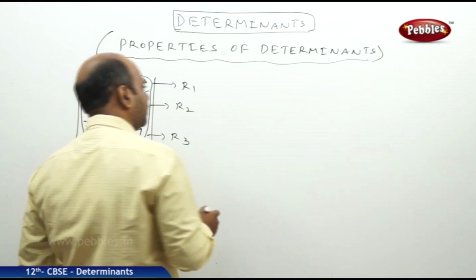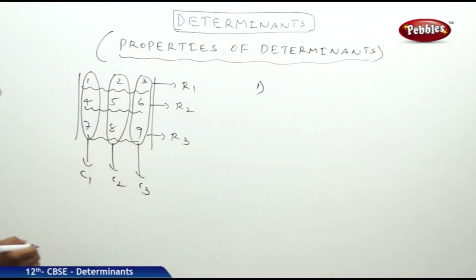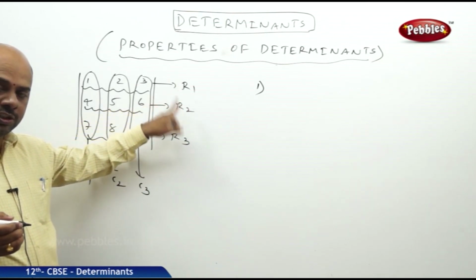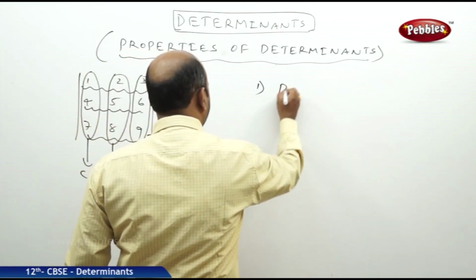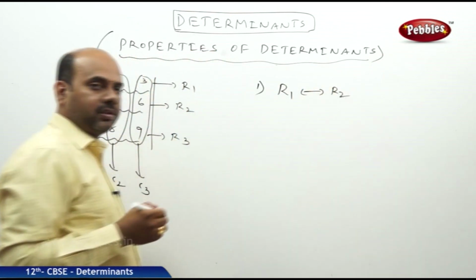Sometimes I want to interchange rows. That means in place of R1 I need to have R2, and in place of R2 I need to have R1. That means I use the symbol R1 double implies R2.